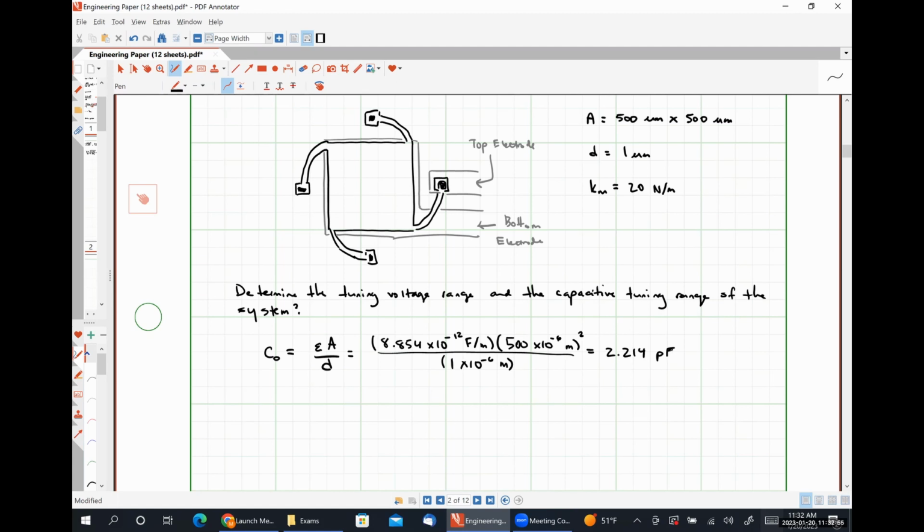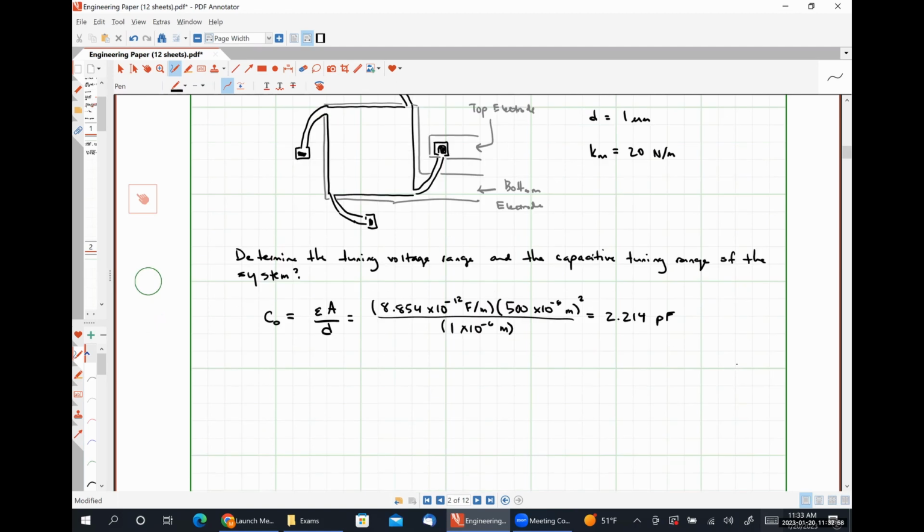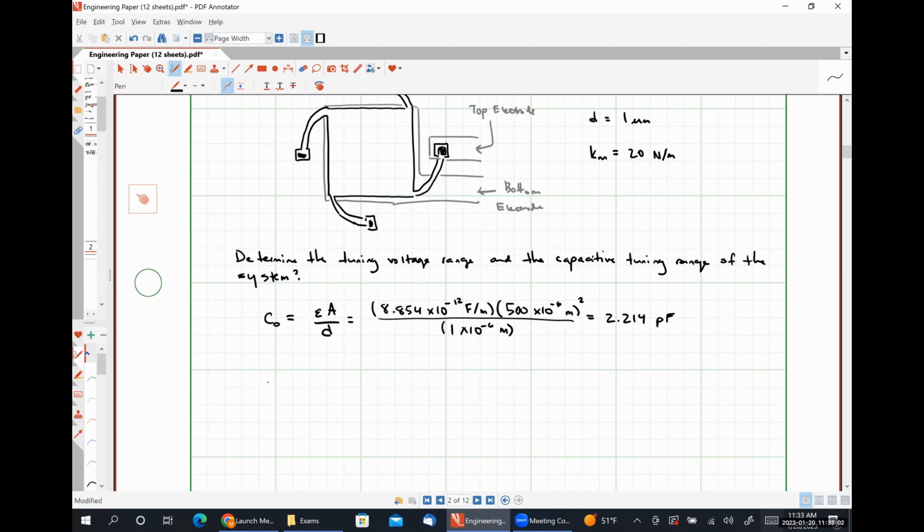Using this value for C naught and our other design parameters, we can see that our pull-in voltage, VP, 2D over 3 times the square root of km over 1.5 C naught is going to give us 2 times 1 times 10 to the minus 6 meters over 3 times the square root of 22 newtons per meter over 1.5 times 2.214 picofarads.